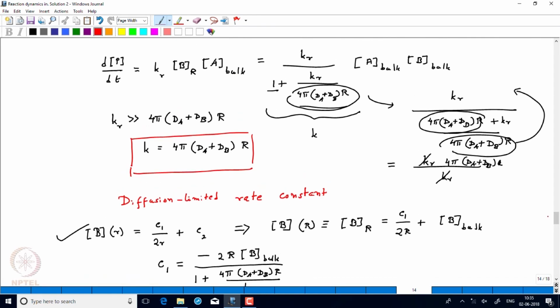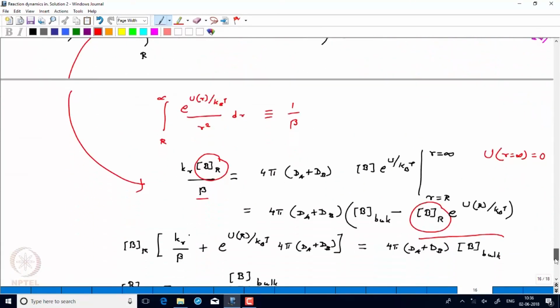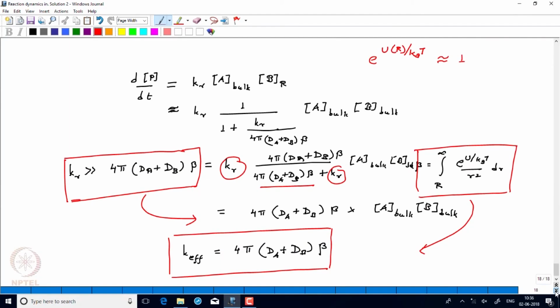which is the beta. And interestingly, as you can see, the earlier expression contained an R: it was 4 pi dA plus dB into R. Now, dimension wise it should be the dimension of capital R. So let me just rewrite the two equations.